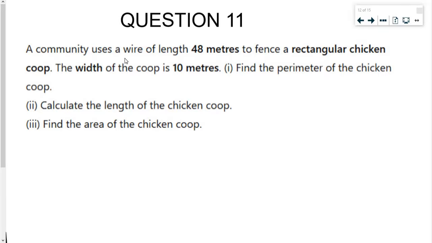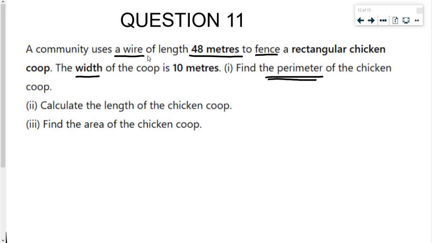A community uses a wire of length 48 meters to fence a rectangular chicken coop. The width of the coop is 10 meters. Find the perimeter of the chicken coop.